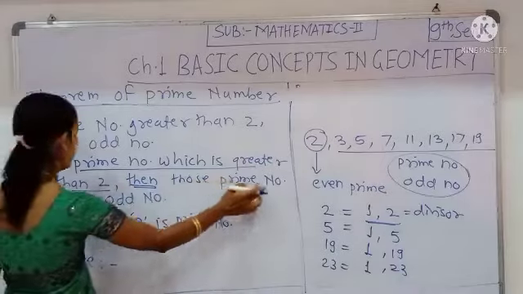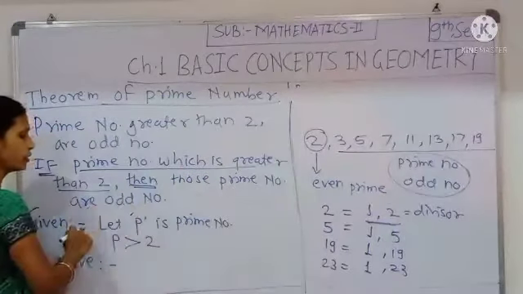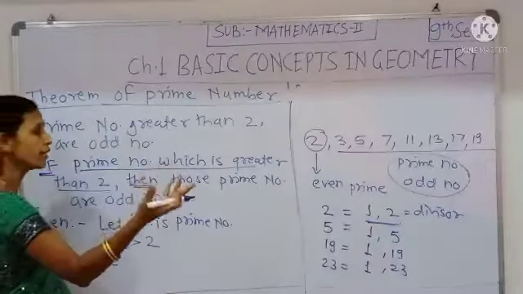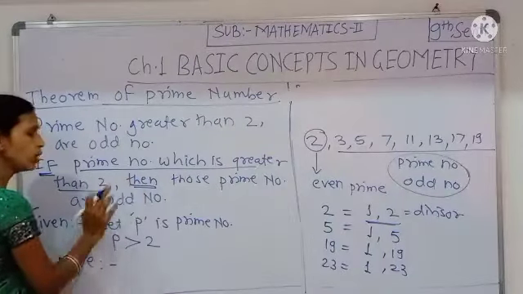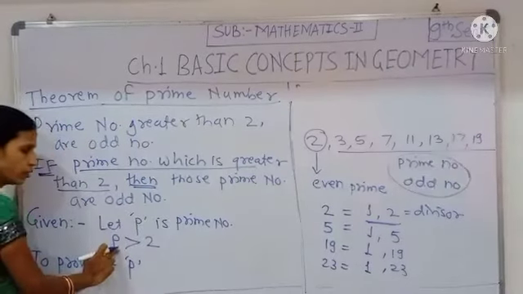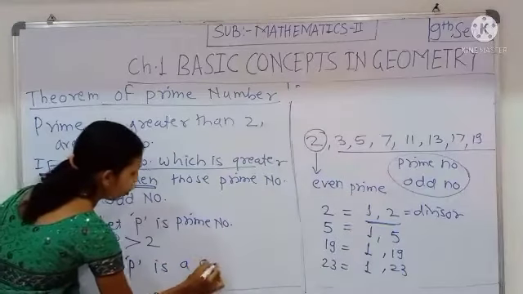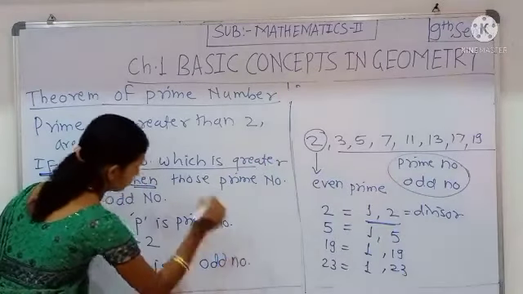Then prime numbers are odd numbers. Then those prime numbers are odd numbers. That means the prime numbers which are greater than 2 are odd numbers. Therefore, P is a prime number which is greater than 2. Therefore, P is an odd number.